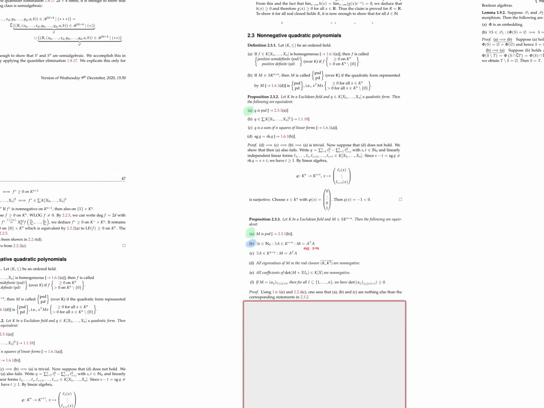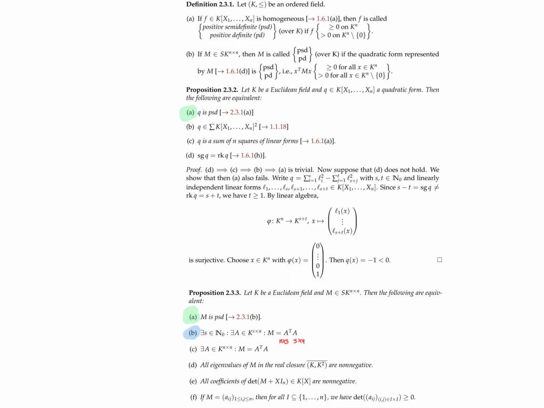And that's why this blue statement here means actually that Q is a sum of squares of linear forms. And I can translate this using my correspondence between writing a quadratic form as a sum of squares of linear forms and matrix identities.